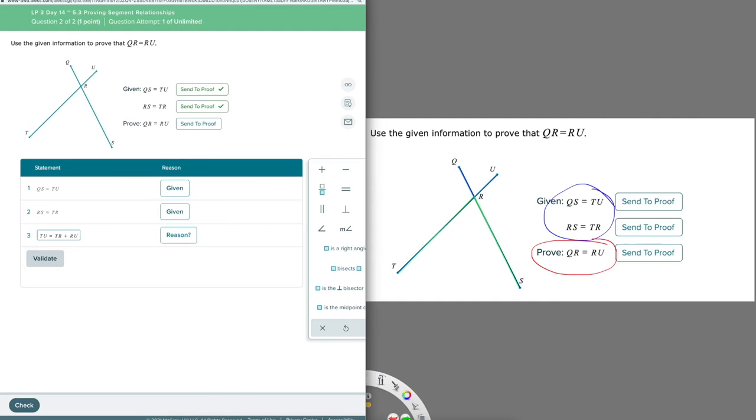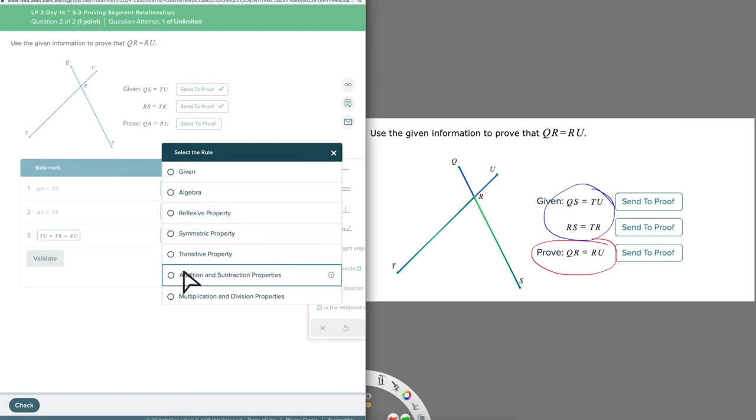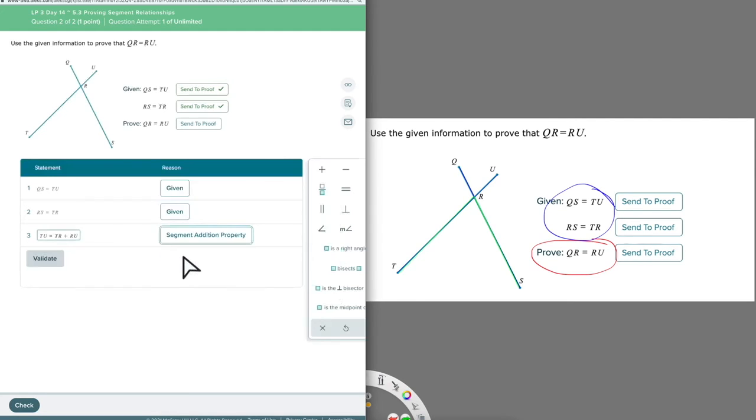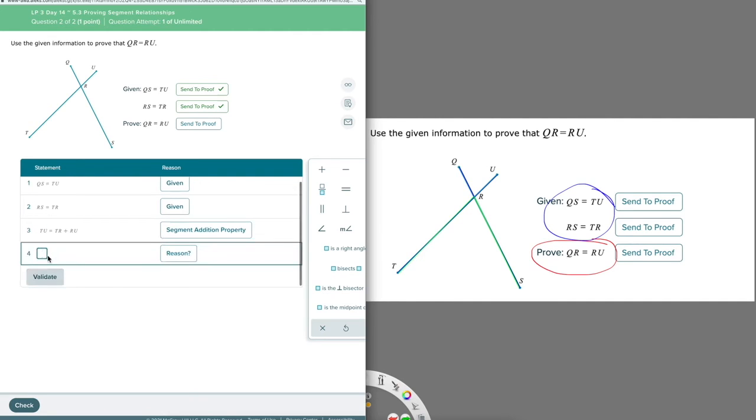And this also starts to bring in RU, which we wanted. So we need to relate this in some way back to what we're trying to do here. The reason for this is segment addition. So I need to scroll down and find segment addition, and I have to validate it. Each time I do something, I have to click validate. As long as it's good, it's going to turn gray and go to the next one.